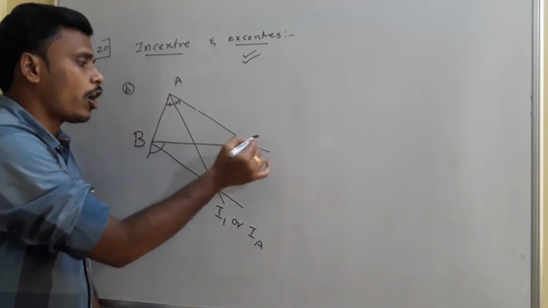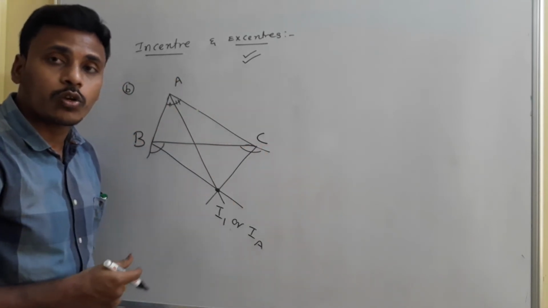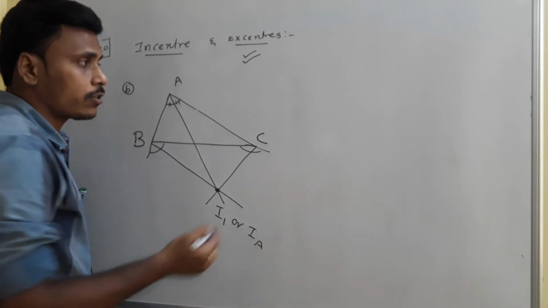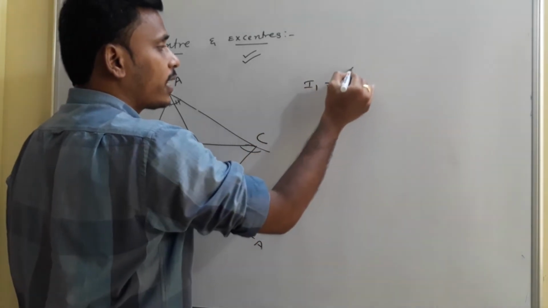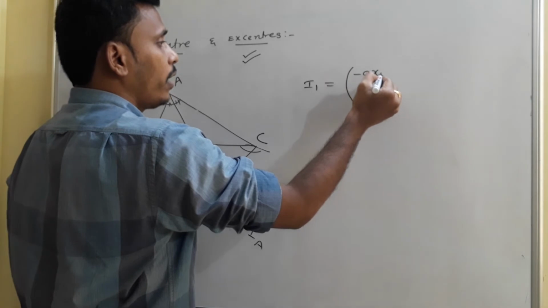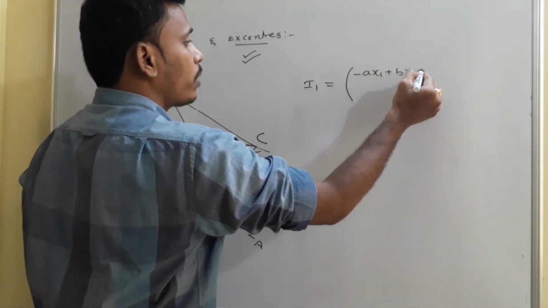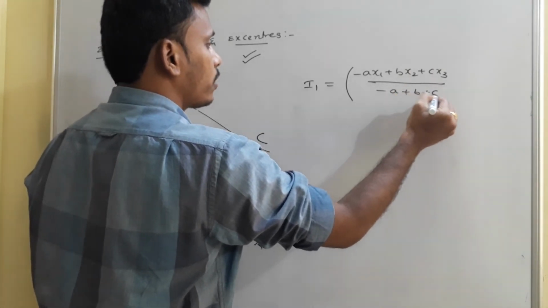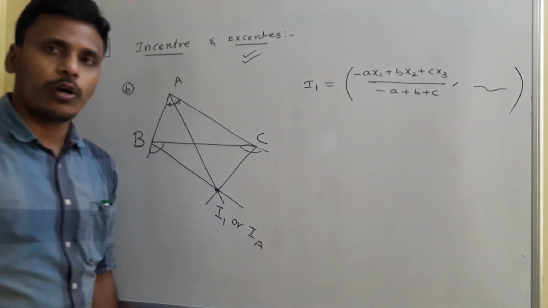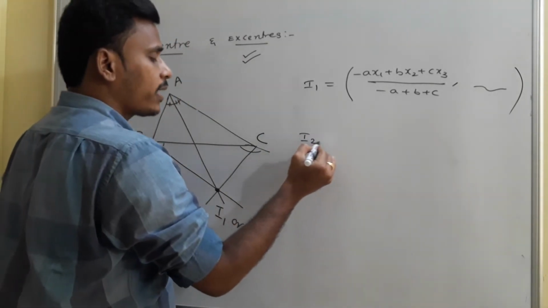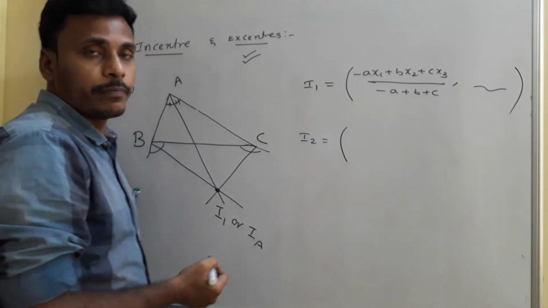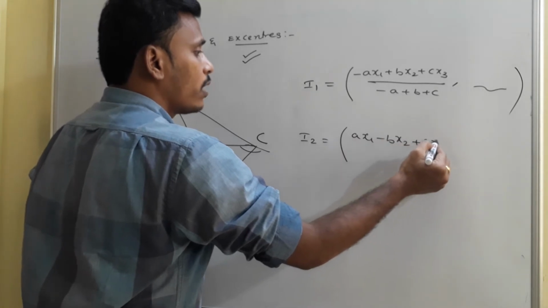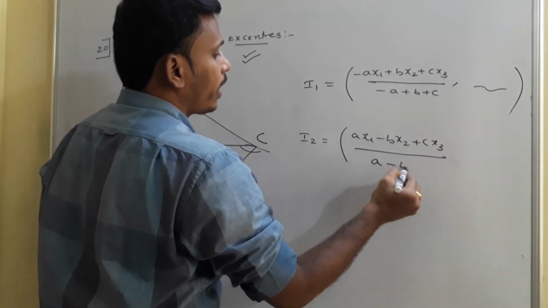A, B, C are the vertices of a triangle. Similarly, we will have excenters opposite to vertex B and vertex C also. First, I1, the excenter opposite to vertex A, is determined by (minus a x1 plus b x2 plus c x3) divided by (minus a plus b plus c). Similarly you can write the y coordinate. And I2, the excenter opposite to vertex B, is determined by (a x1 minus b x2 plus c x3) divided by (a minus b plus c).